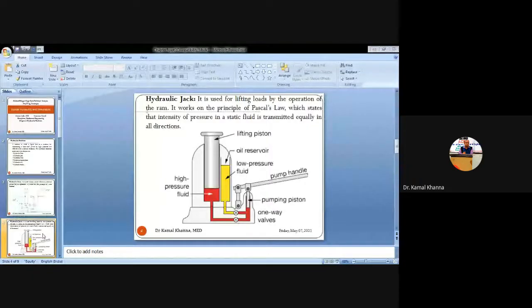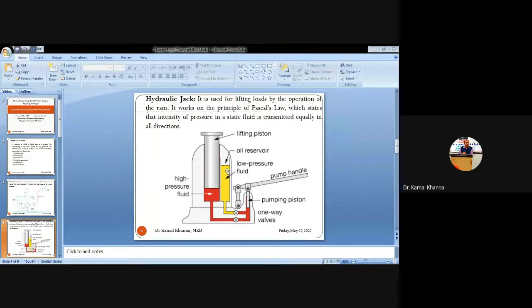In the hydraulic jack, you can see there is a lifting piston here. There is an oil reservoir in which hydraulic oil is filled, which is a low pressure fluid, and which is connected to the pumping piston, and there is a pump lever, or you can say the handle of the hydraulic jack, which is used to lift the load.